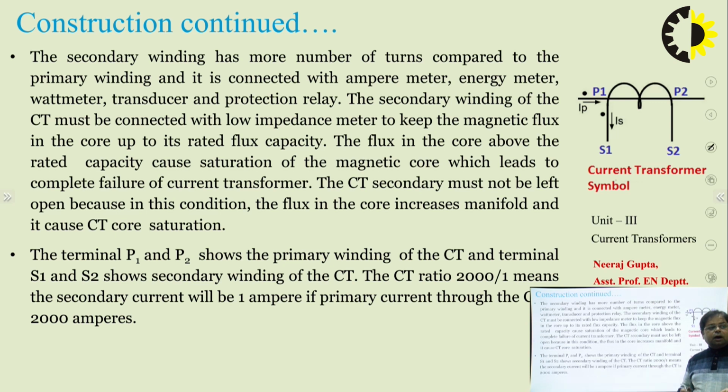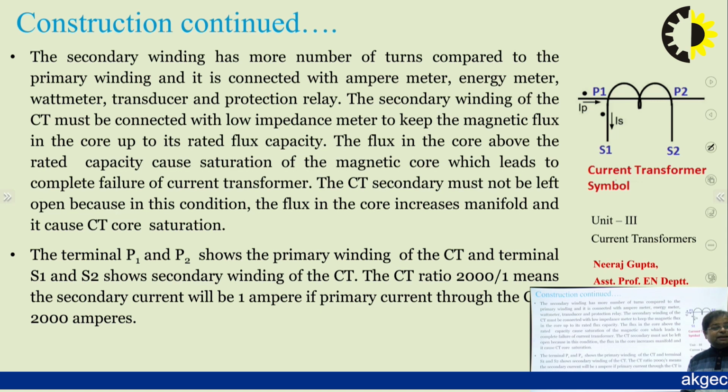Flux in the core above the rated capacity causes saturation of the magnetic core, which leads to complete failure of the transformer. If this flux goes high, then the windings will be harmed; their varnishing would be gone and they could burn out. These things could happen if the secondary circuit impedance or load is increased.